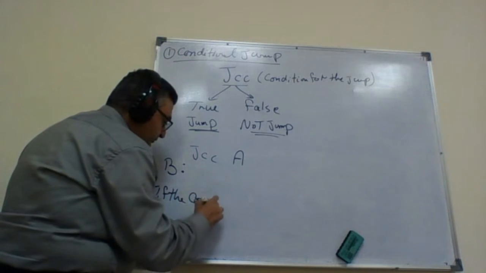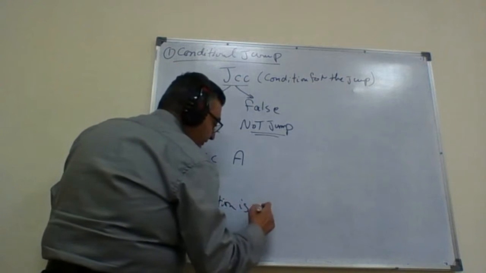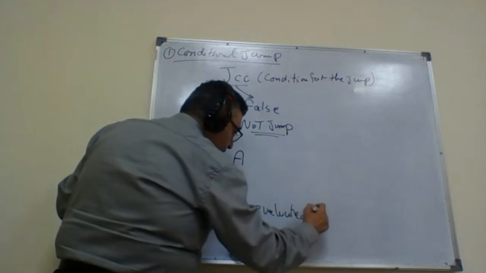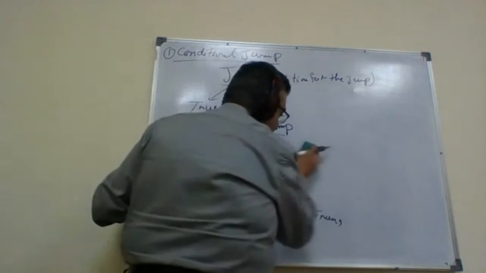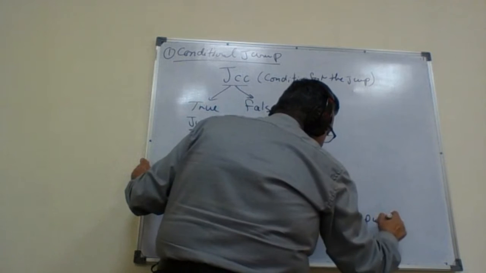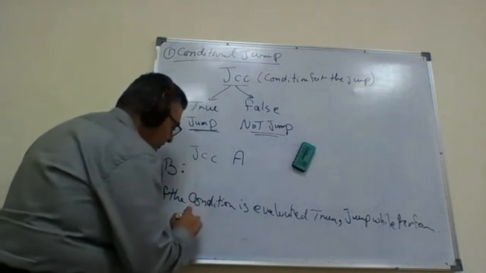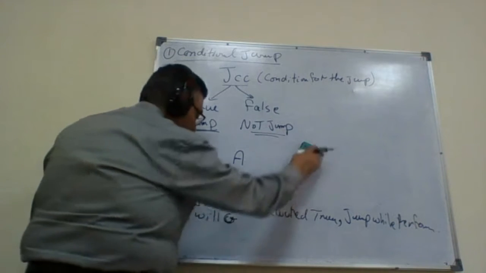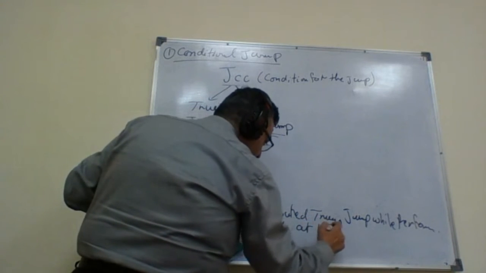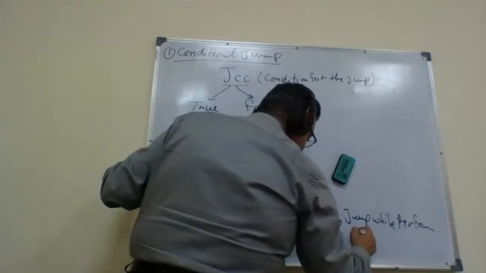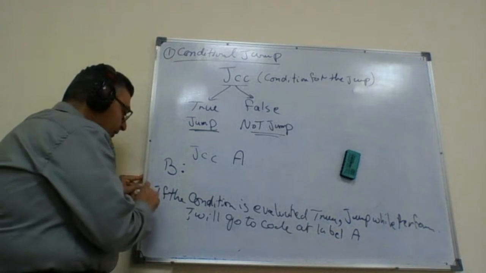if the condition is evaluated true, the jump will be performed. Jump will be performed means I will go to the code at label A. This is the first direction.